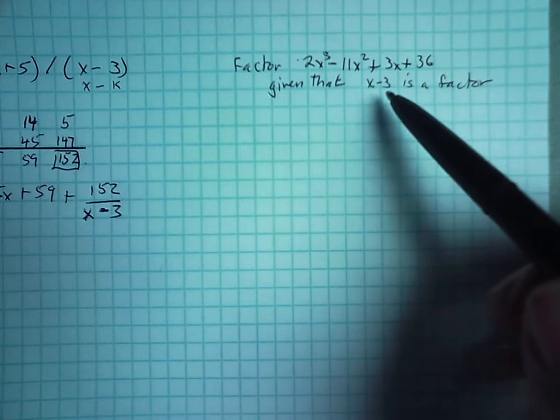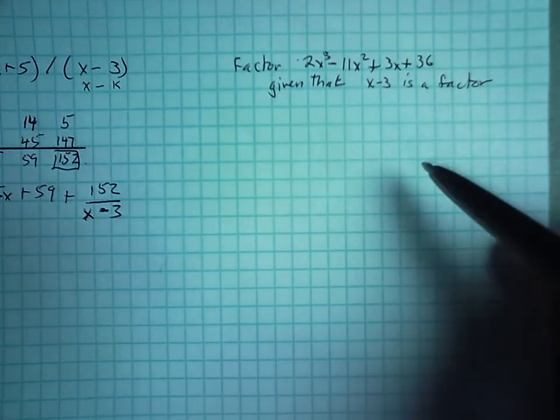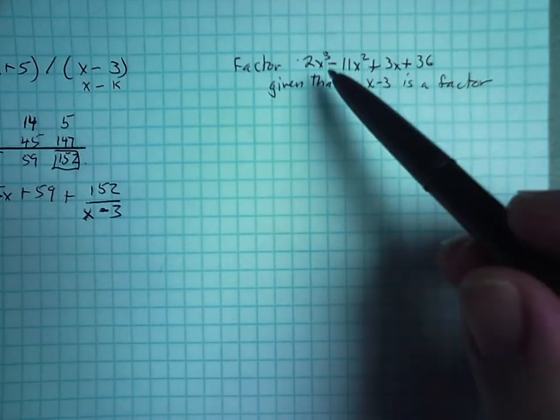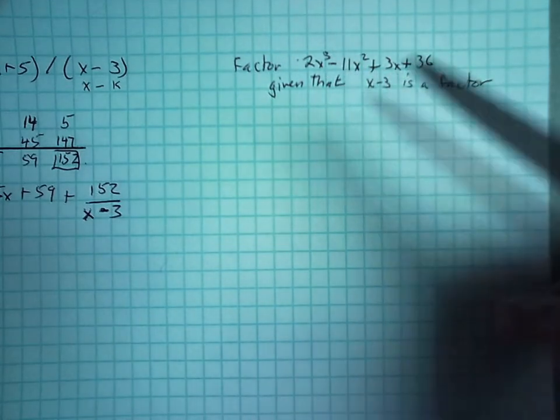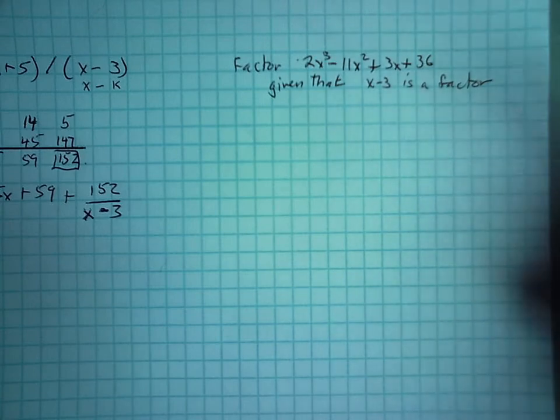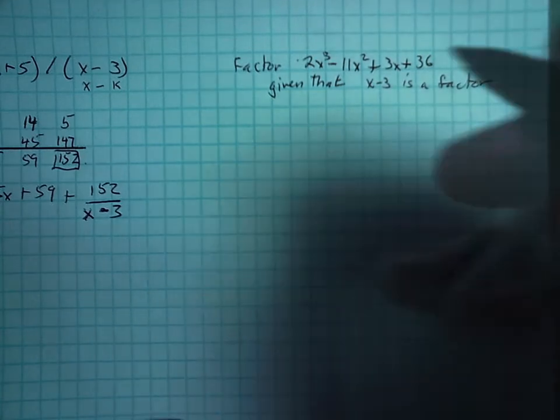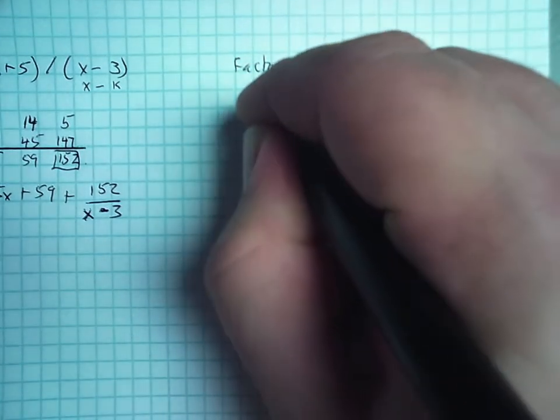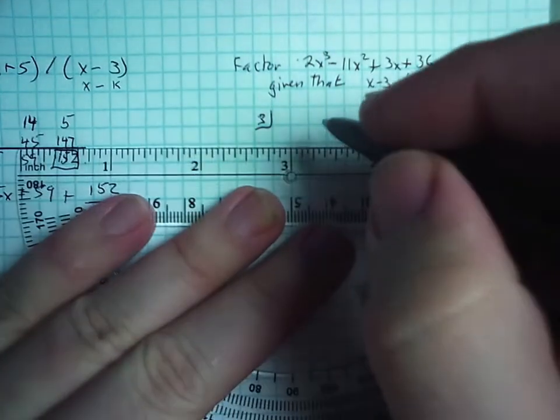If I stick 3 in for synthetic division, I should get a 0 as my remainder, because x minus 3 is a factor of this polynomial. There'll be no remainder. And that means my synthetic division will work out neatly by the time it's done.